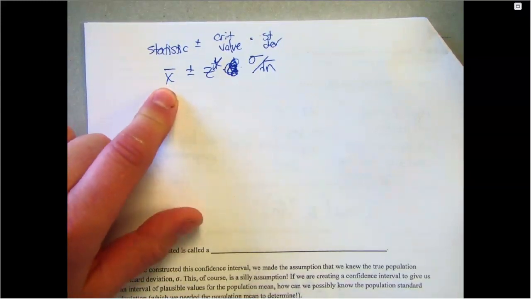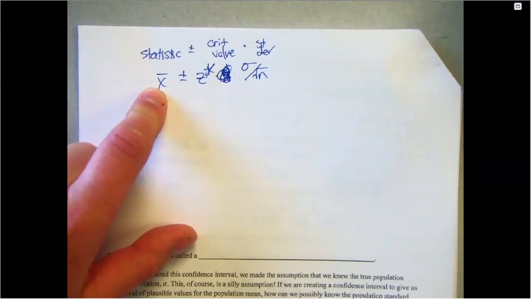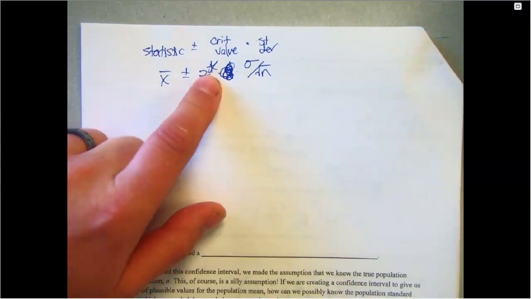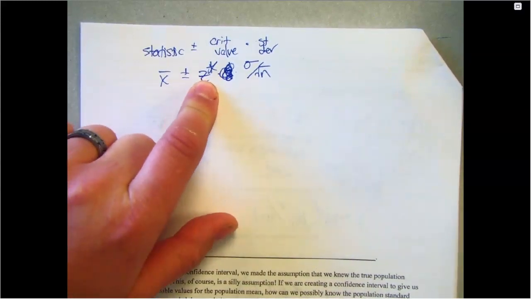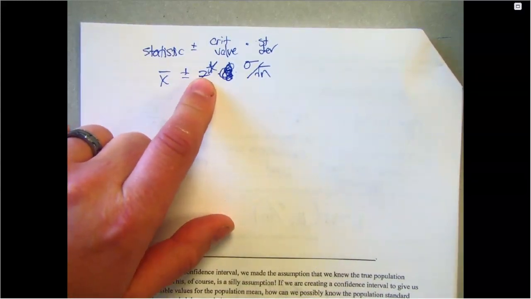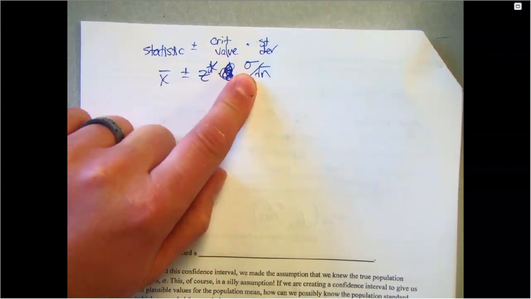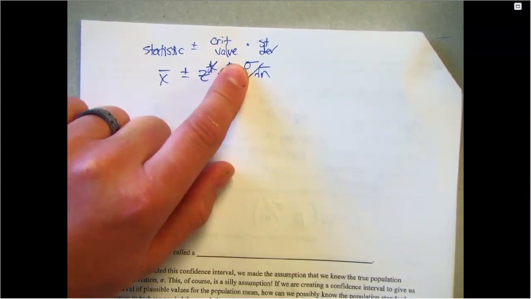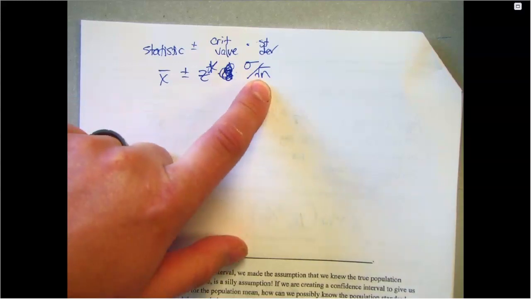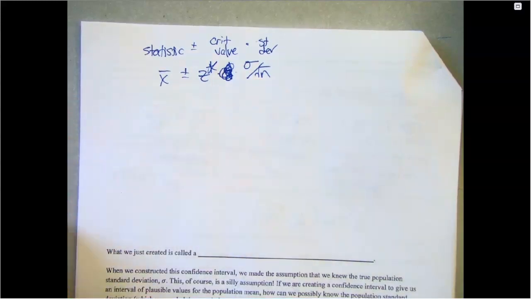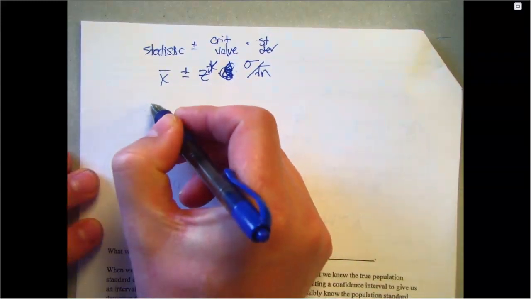So x bar is our statistic because we're working with averages now, not proportions. Critical value z star, that's going to change. And then the standard deviation of your sample is whatever your population standard deviation was divided by the square root of your sample size. So our x bar was 110.